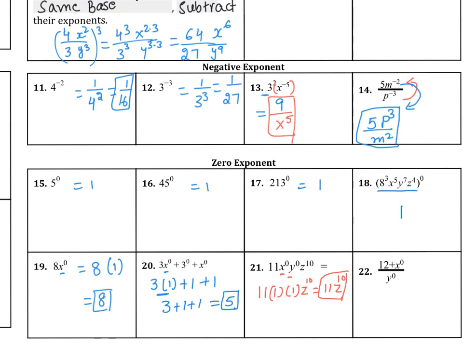Now the last one, number 22 here. So 12 will be as it is, x to the power 0 is 1, y to the power 0 is 1, and then this becomes 13 on the top and 1 on the bottom, which will be 13 as your final answer.